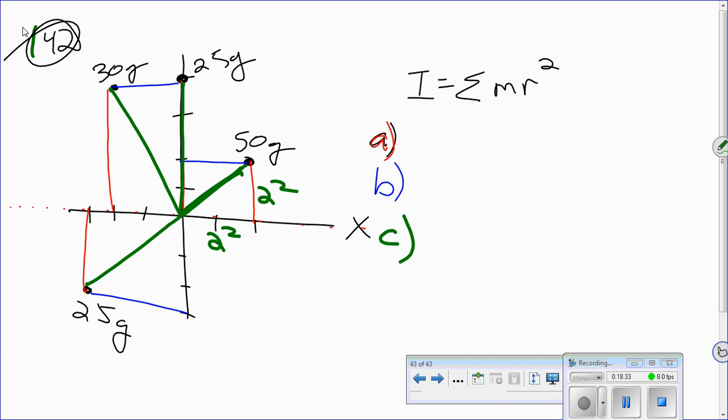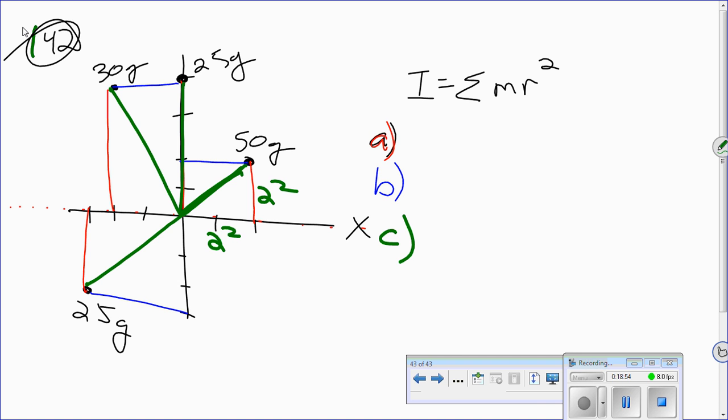Since it's squared, it's the step you just went through. Yes, correct. Thank you. Okay, everybody good with 42?